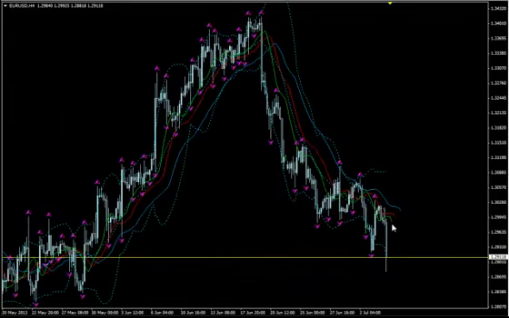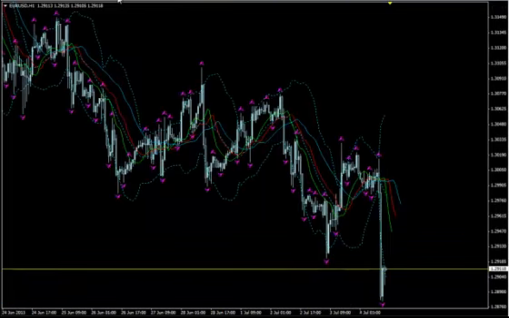So we have bearish biases now, and we see the breakout here on the H1 chart. Of course there will be corrective moves, but odds are that the pair will keep falling.